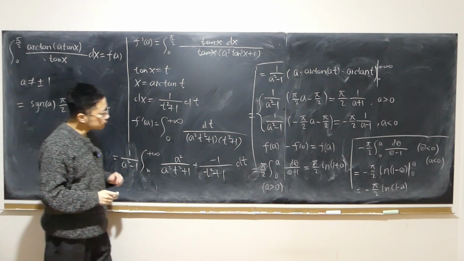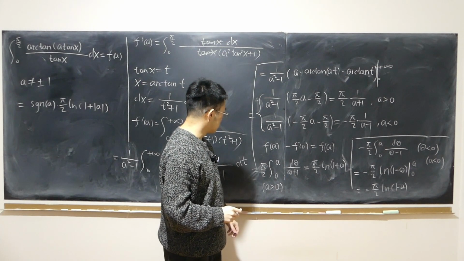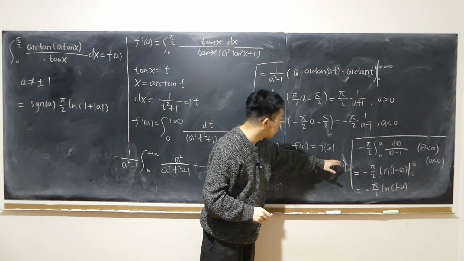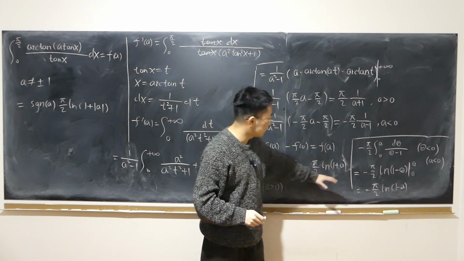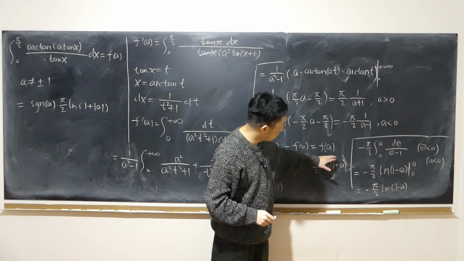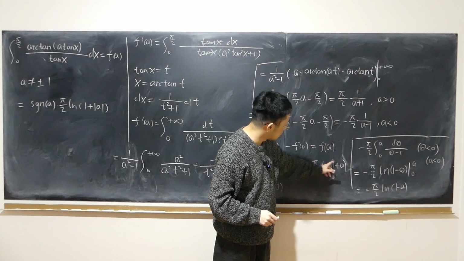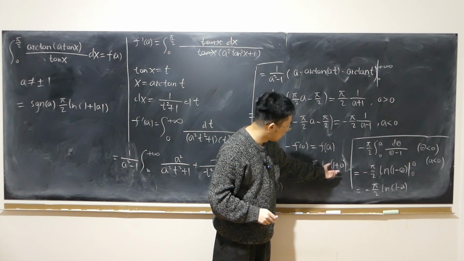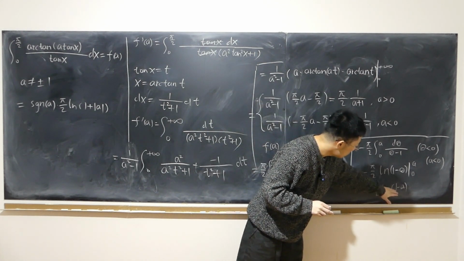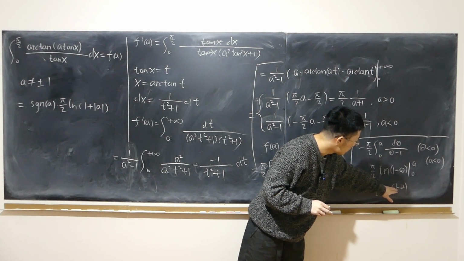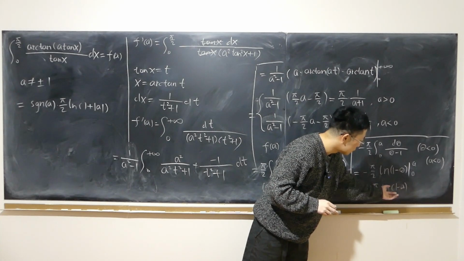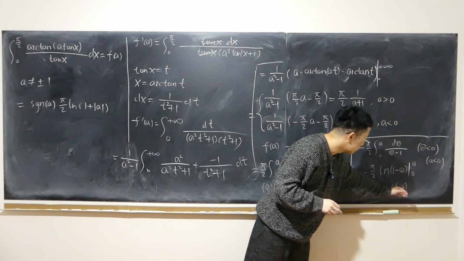Like I said, it's either going to be positive or negative depending on the value of a. And the inside of the log is always positive. When a is positive, 1 plus a is equivalent to 1 plus absolute value of a. And here we have 1 minus a, but a is negative, so 1 minus some negative is 1 plus some positive number. It's equivalent to 1 plus absolute value of a. It's the same.